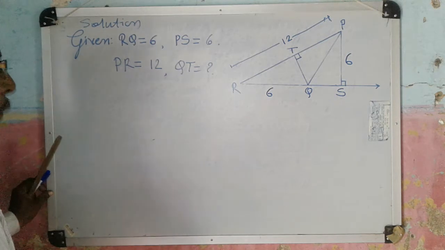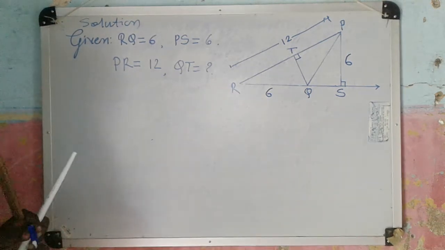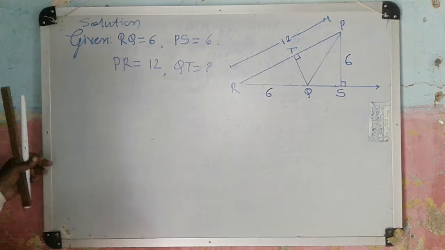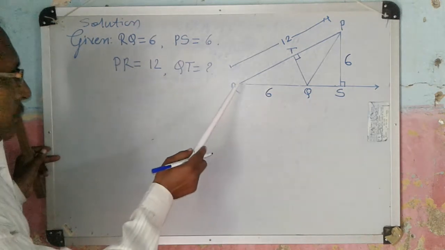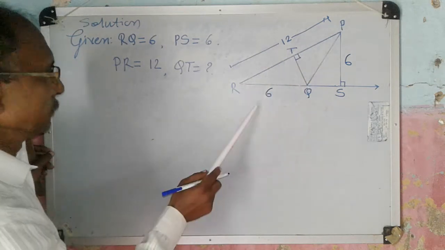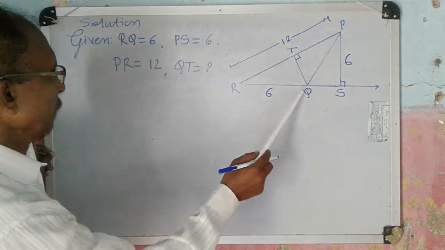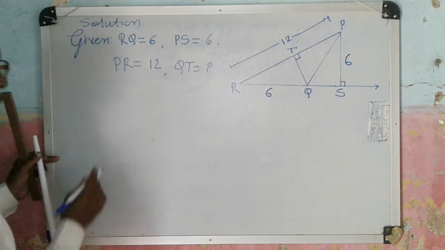So we have to use here the formula for area of triangle. First, we will find the area of this triangle by taking base QR and height PS.